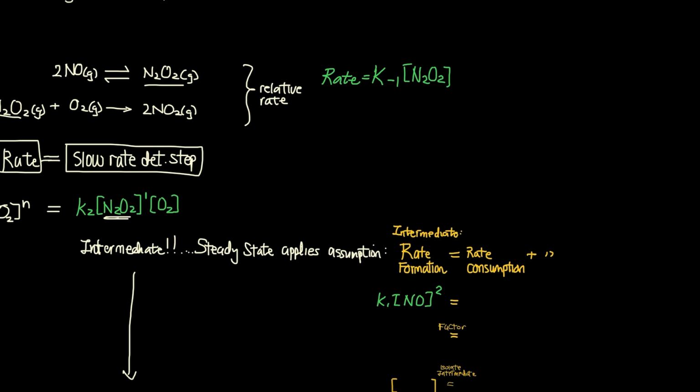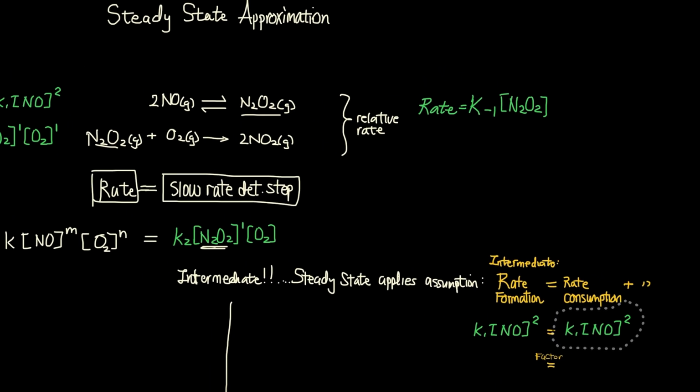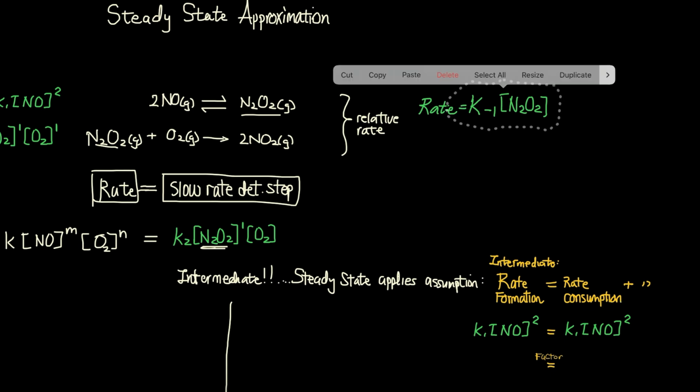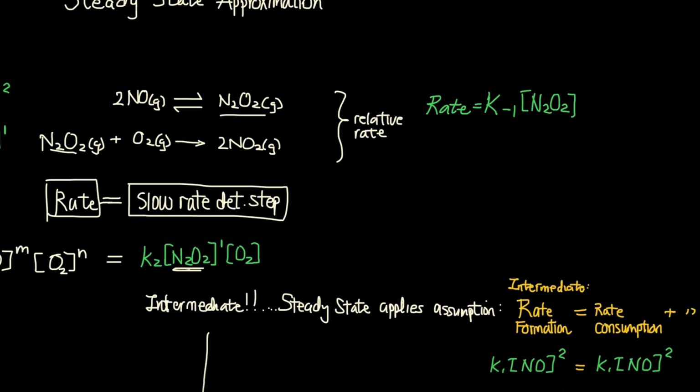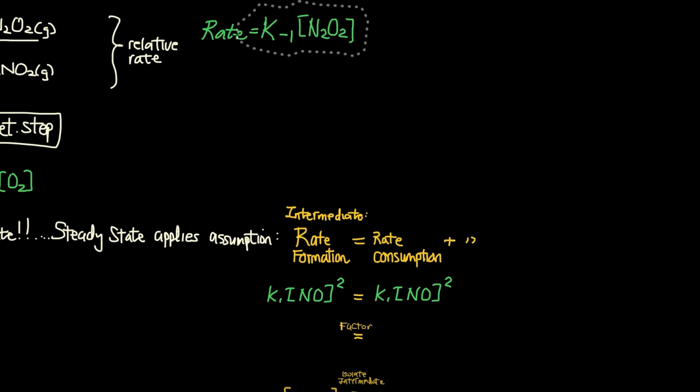And then we also have to add the other place where our intermediate is being consumed, which is in the first elementary step with this equilibrium going on. That means in the reverse direction, N2O2 is also being consumed.